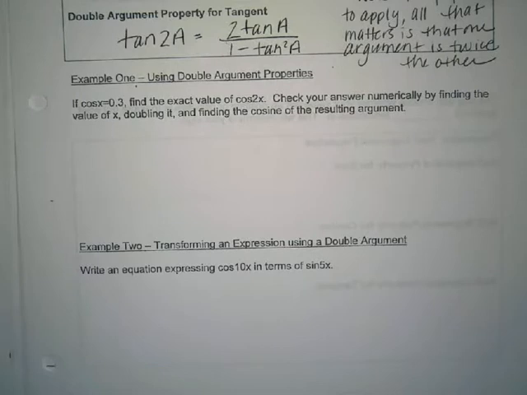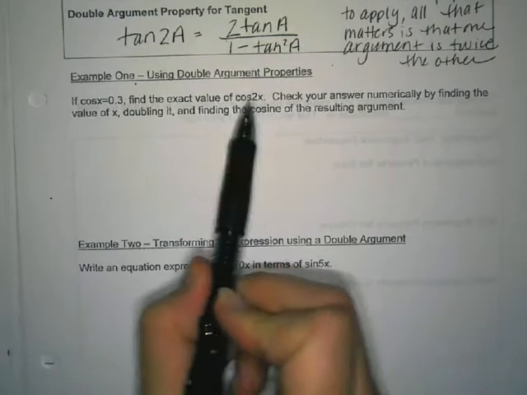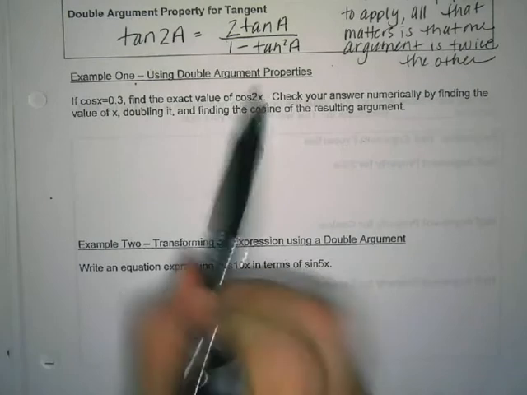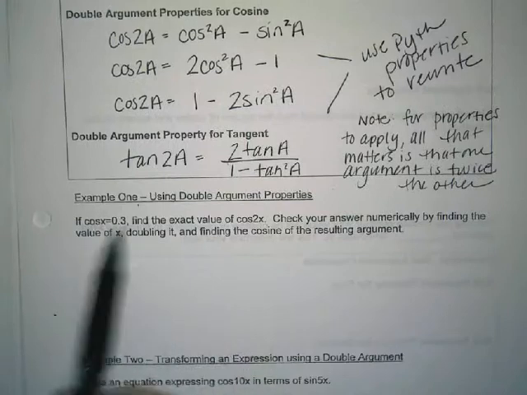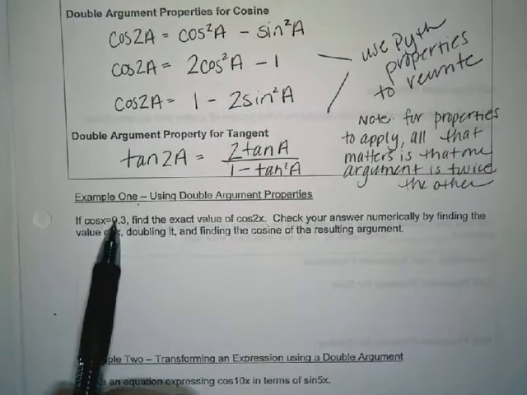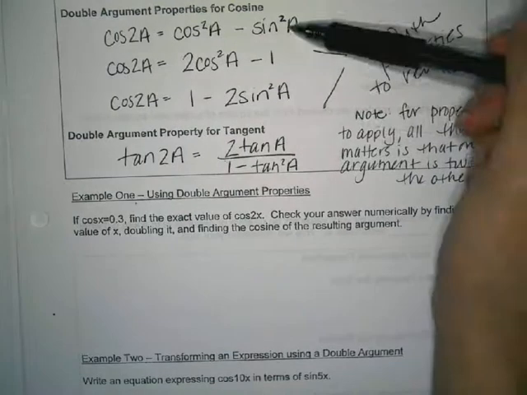But they do give us the value, and they tell us to find the exact value of cosine 2x. Well, hopefully you recognize that is a double argument. And so, if I need to find the exact value, and all they give me is a cosine value, they don't give me a sine value, then which one of these 3 options should I choose?